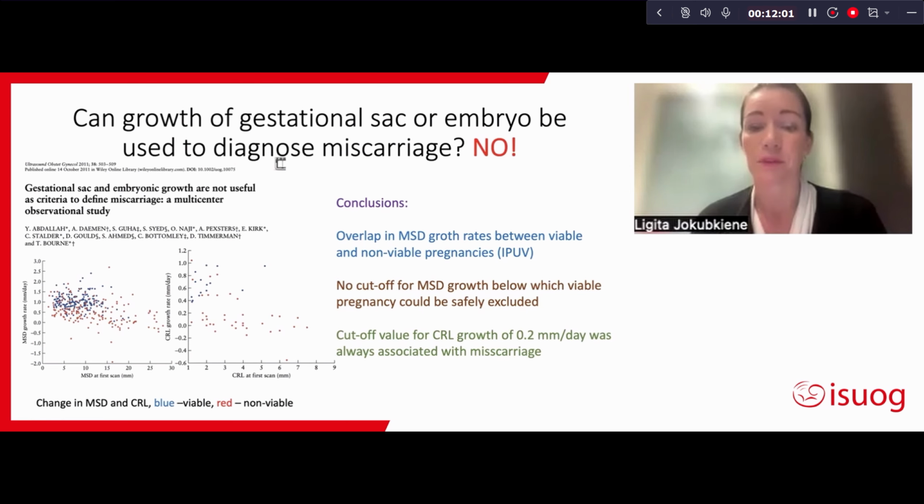And if we look at the cutoff value of CRL, CRL growth of 0.2 millimeters a day was always associated with a miscarriage. It means that if we have very slow growth, 0.2 millimeter a day, it is always associated with miscarriage if we repeat a scan in 7 to 14 days.